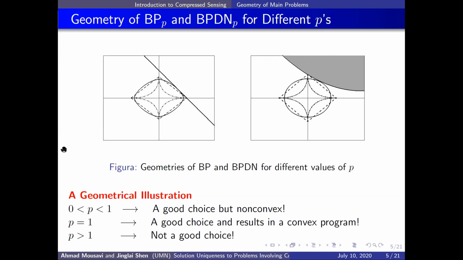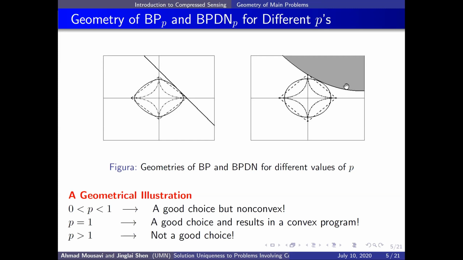And as you can see, where y equal to Ax touches that unit ball happens to be on the x-axis, and that is a sparse point for us in R2. For P equal to 1, this case also happens, and you have a sparse vector. For P strictly bigger than 1, you can see that here is where we touch that unit ball, and you have two non-zero components, so the solution is not sparse.